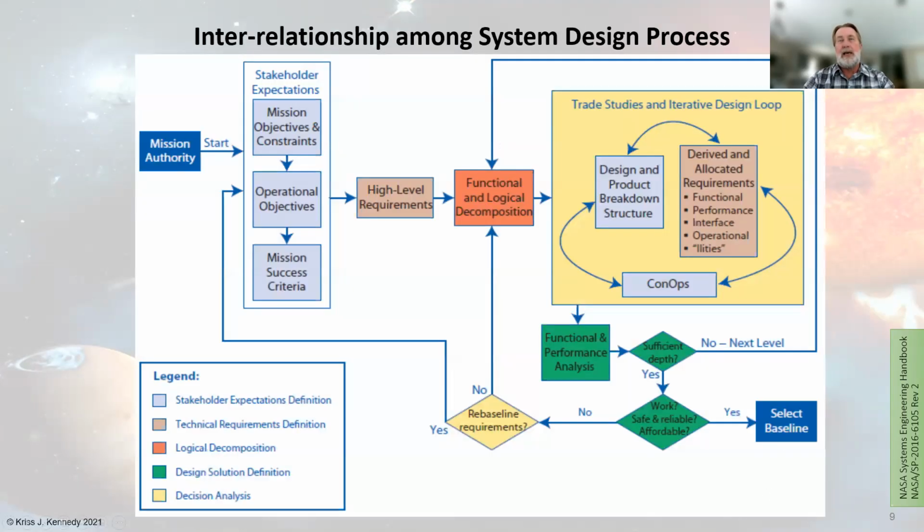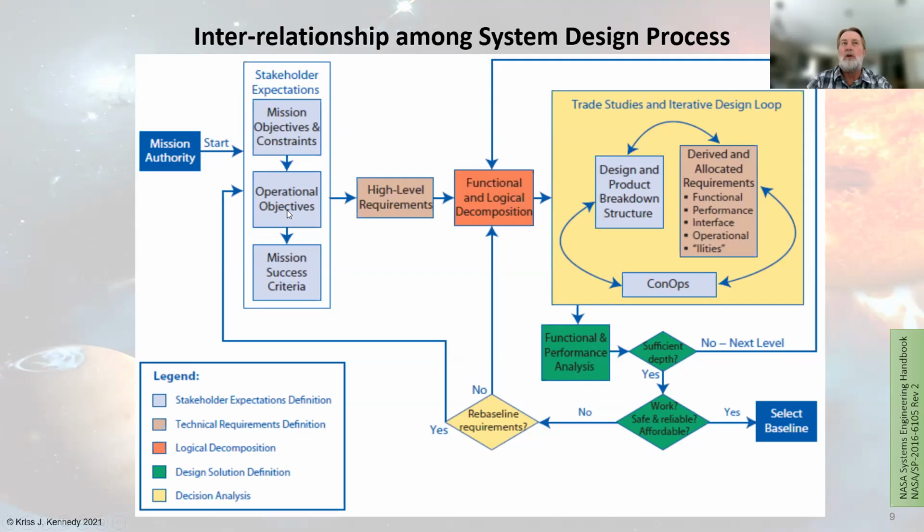So this is that design process, kind of what we just went through talking about. You have your mission authority or your start. You have an understanding of stakeholders' expectations, mission objectives, the constraints, test objectives, operational objectives, and your success criteria. That's your high-level project formulation.